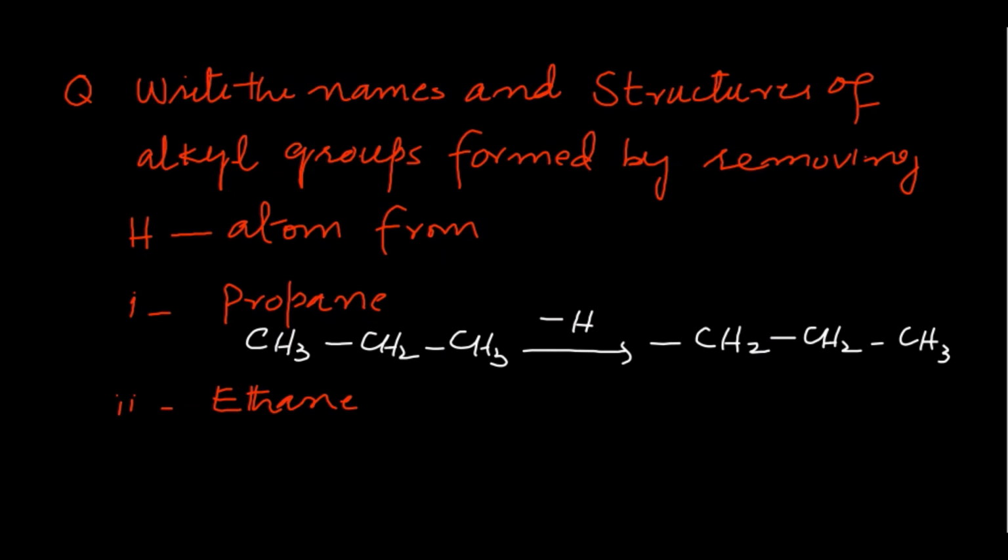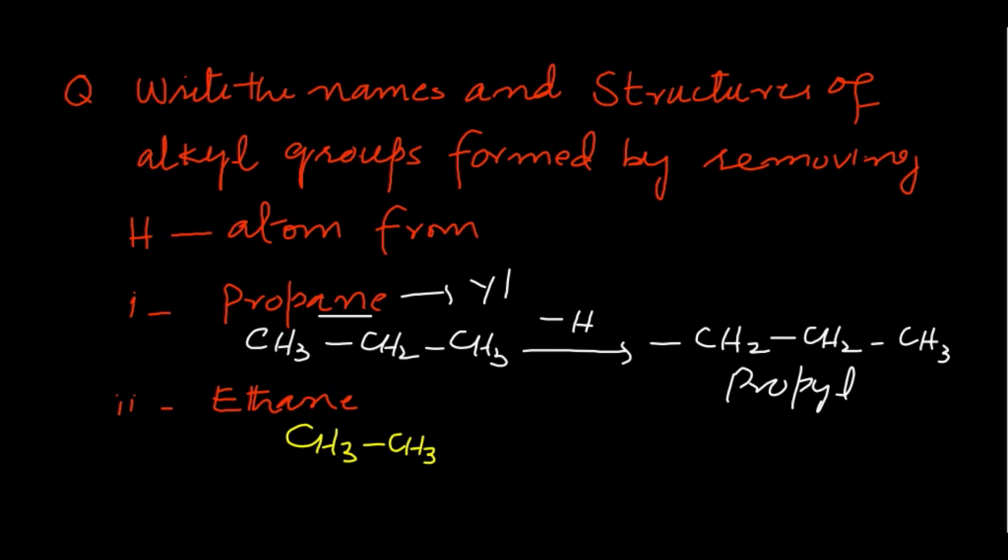Now propane, the ane changes to yl. So after the loss of one hydrogen from propane, we get propyl radical. Similarly, the second molecule which is given is ethane. Now we write the structure of ethane. We have CH3, CH3.